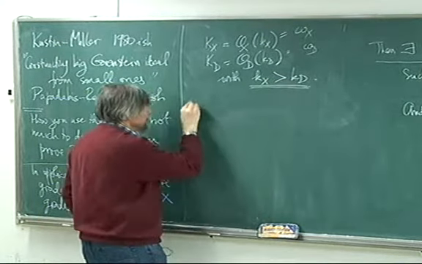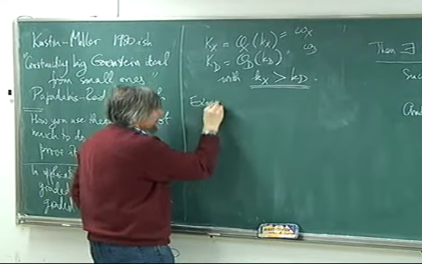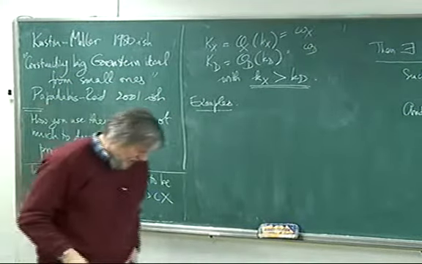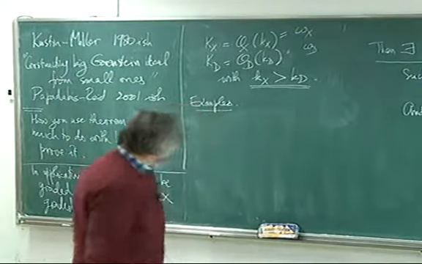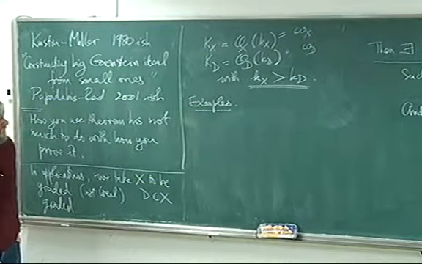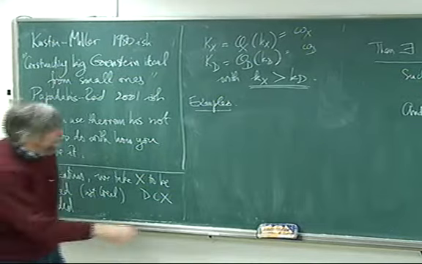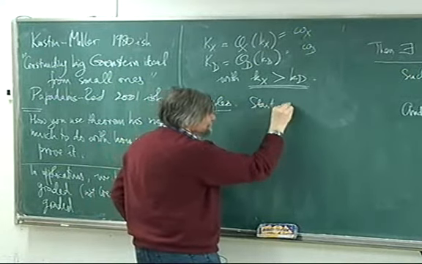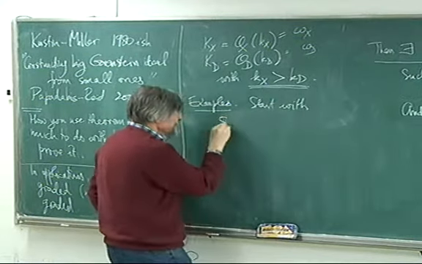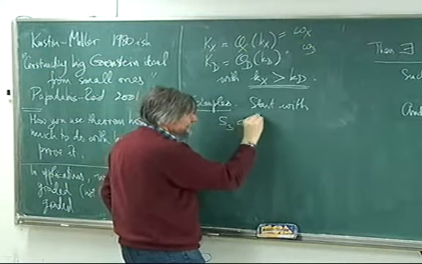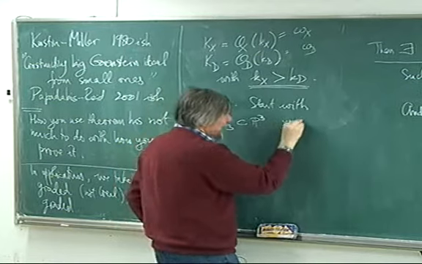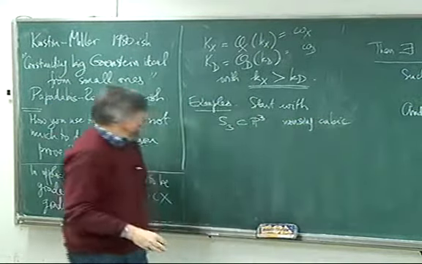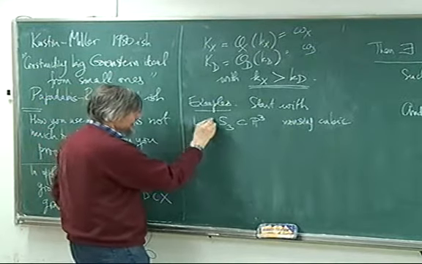Okay, so example. What this is really about is projective geometry. It's the idea of projection in projective geometry. So let's start with S3 in P3, a non-singular cubic, and I want to take L in S3 a line.